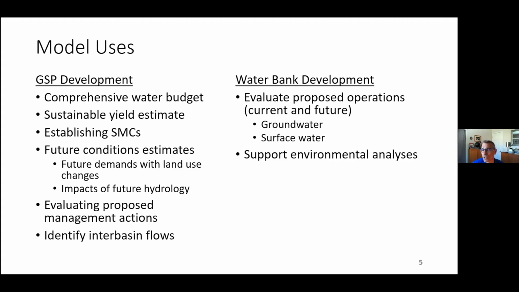And I think you had a second part there. Perched and semi-perched layers. Yeah. So that's really complicated. It can handle it, but we don't have a lot of really good information on perched layers. We know that they exist out there, but they don't have a lot of contribution in terms of a water budget, right? So when we're talking SGMA, we're at a very high level.